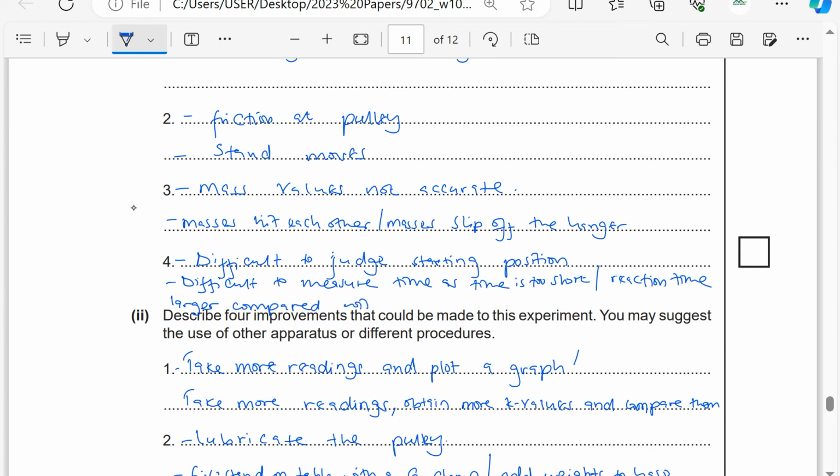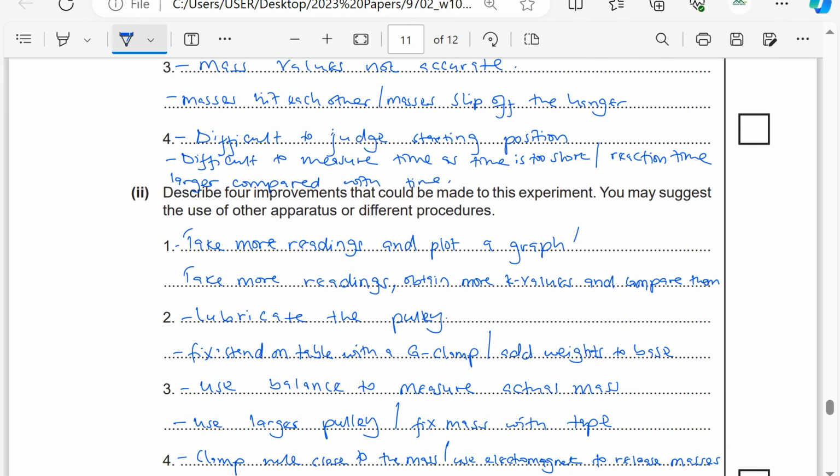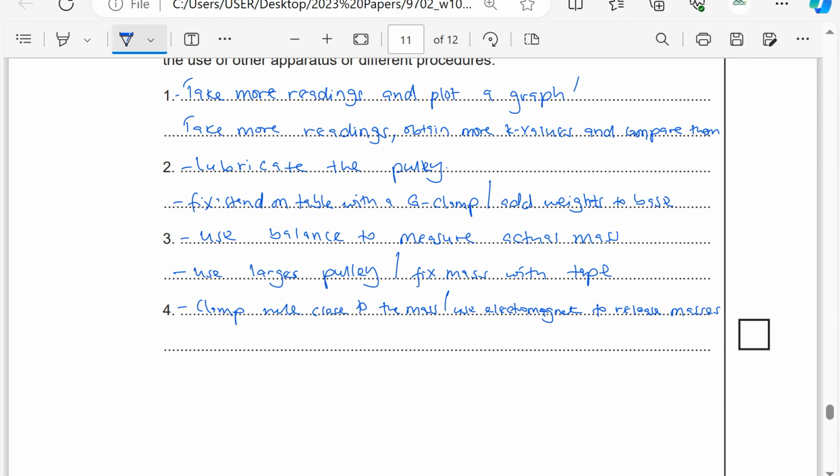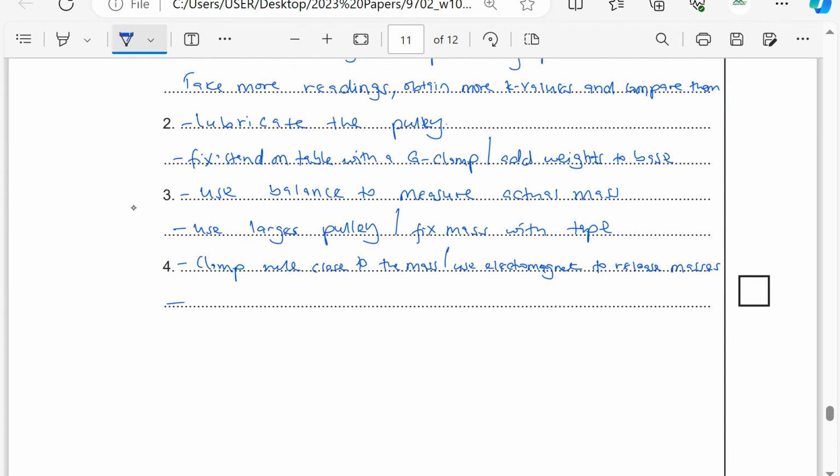That one would be very easy to solve. If the reaction time is larger, it's only because the masses were falling through a smaller distance. So you could improve this by dropping the masses through a greater height.